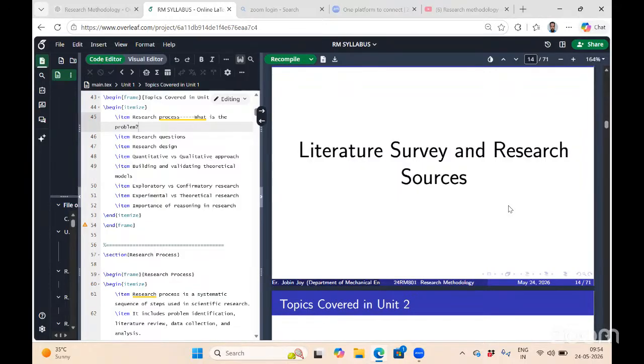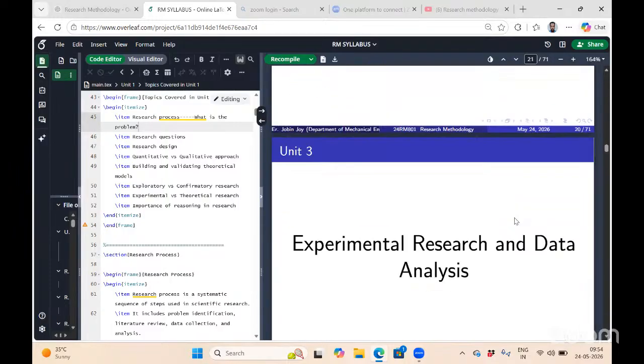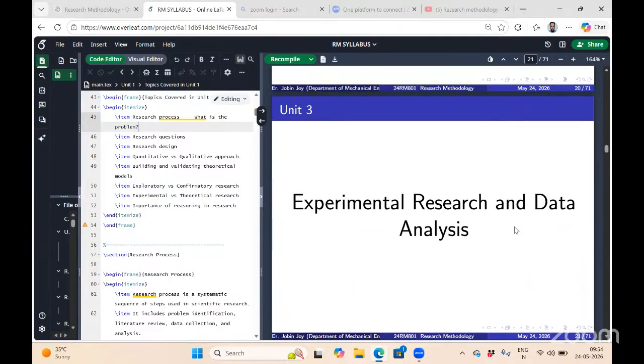Coming to experimental research and data analysis. Experimental research means we have to conduct experiments inside a laboratory, and we have to identify the cause and effect relationship between variables. You have an independent variable and a dependent variable.